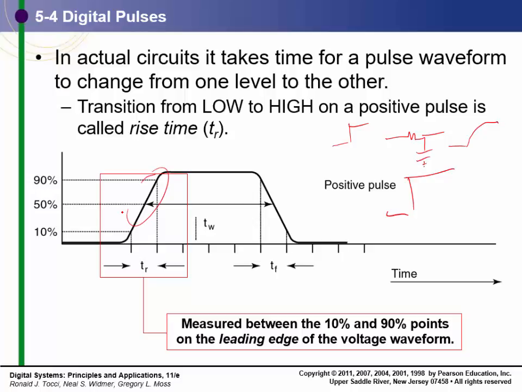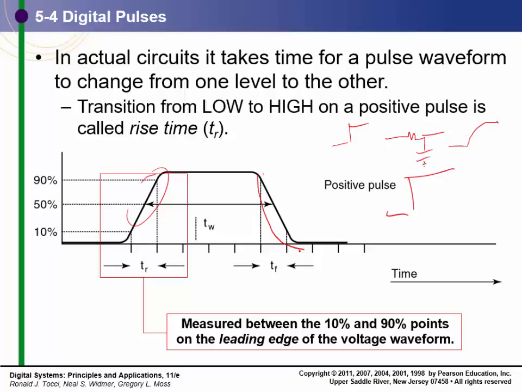In reality, it looks more like an exponential curve than a straight line. I've seen them where this one looks more like this. But the time definitions are still 90, 10, and 50.